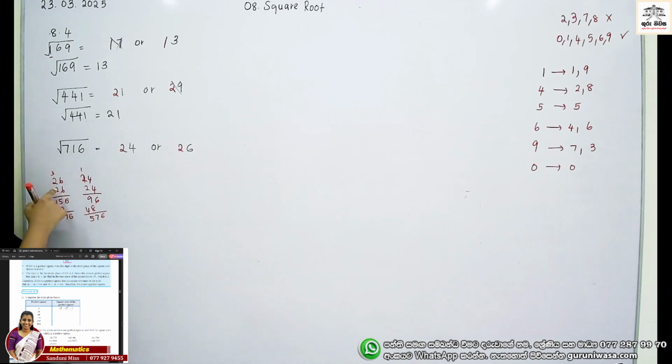6 times 6, 36. 2 times 2, 4, plus 3, 7, 676. Something is wrong.